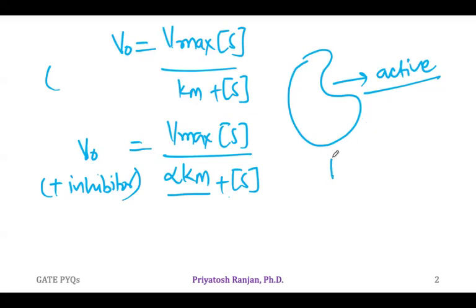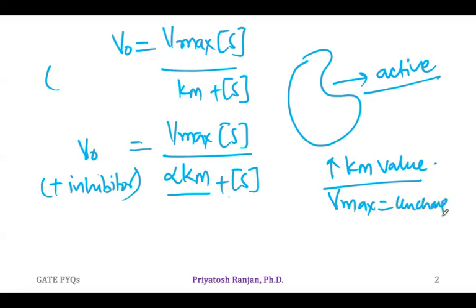That results in the increase in the Km value, which makes sense because Km also describes the affinity between the enzyme and the substrate. The lower the value of Km, the higher the affinity between the enzyme and the substrate. However, the Vmax remains unchanged in the presence of the inhibitor. Remember in our previous discussion, I said you can overcome such a situation by increasing the concentration of the substrate to a higher value.